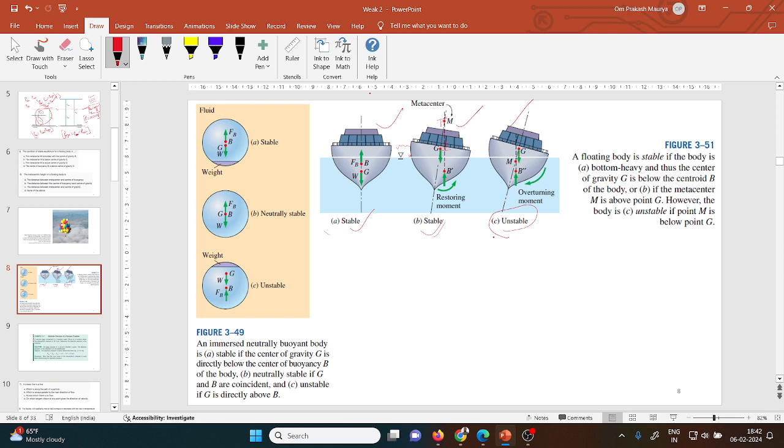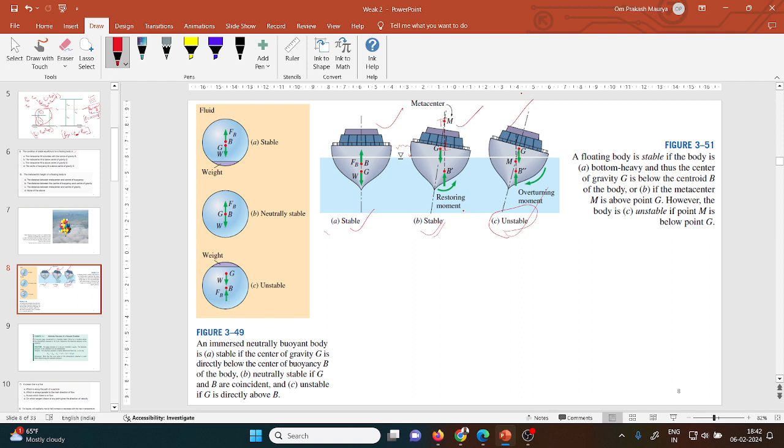In this condition your body will be unstable. So always remember, in case of a floating body, if the body has some rotation, then the metacenter will occur. If it has more rotation, that is the overturning case, it may be unstable. With a little rotation, it will be the stable case.